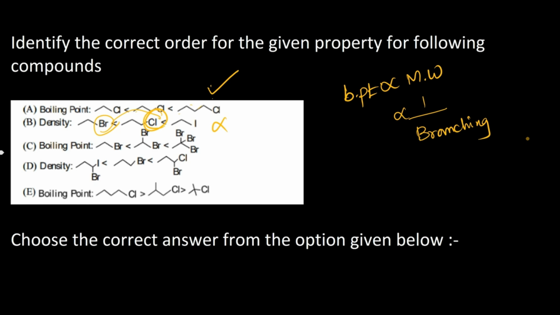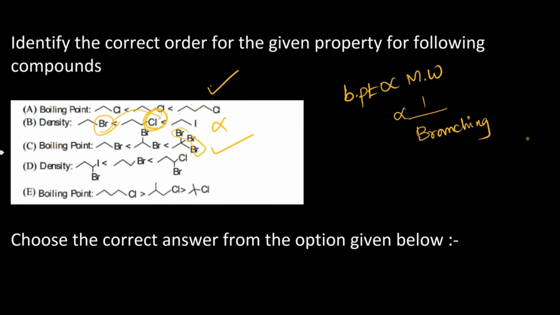Branching is inversely proportional to boiling point. As the branching increases, boiling point decreases, but here, as you can see, I have more bromo groups, which will increase the molecular weight, so this is right.